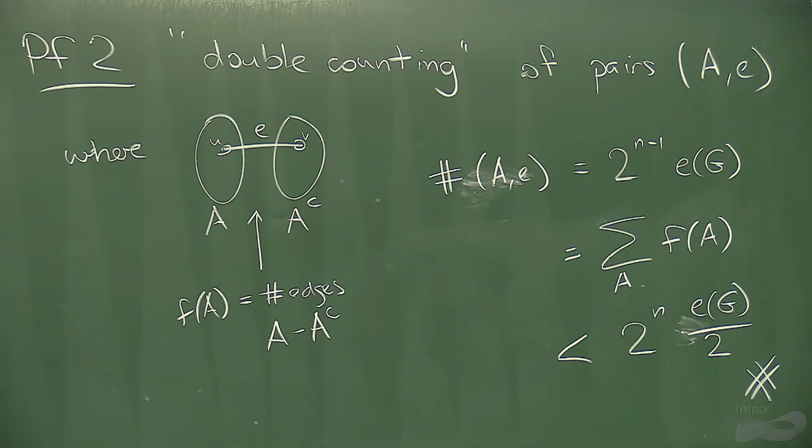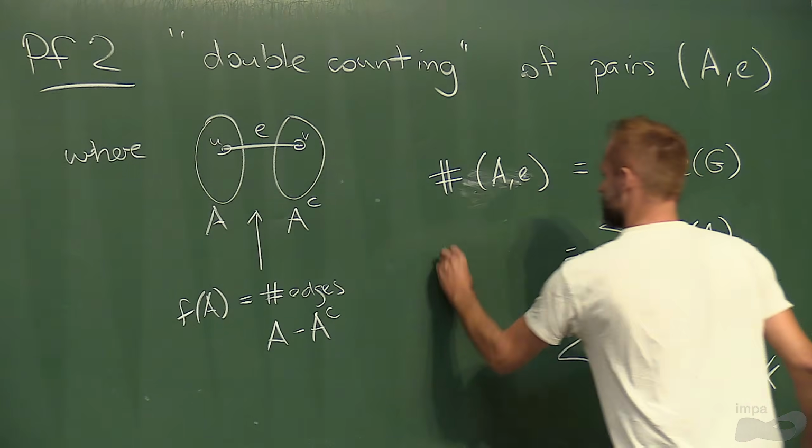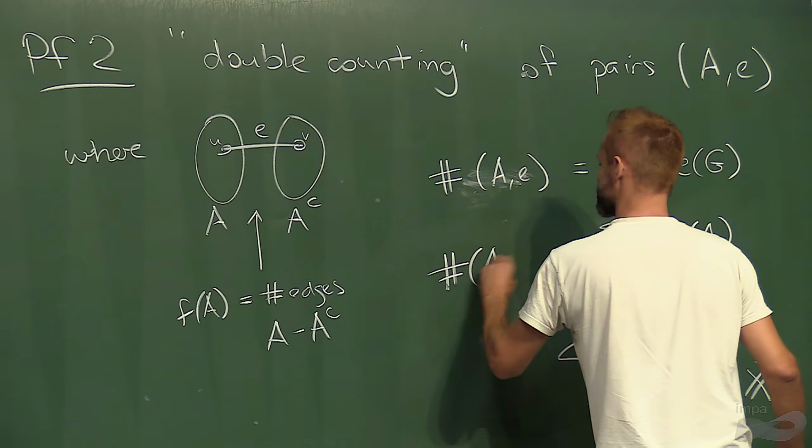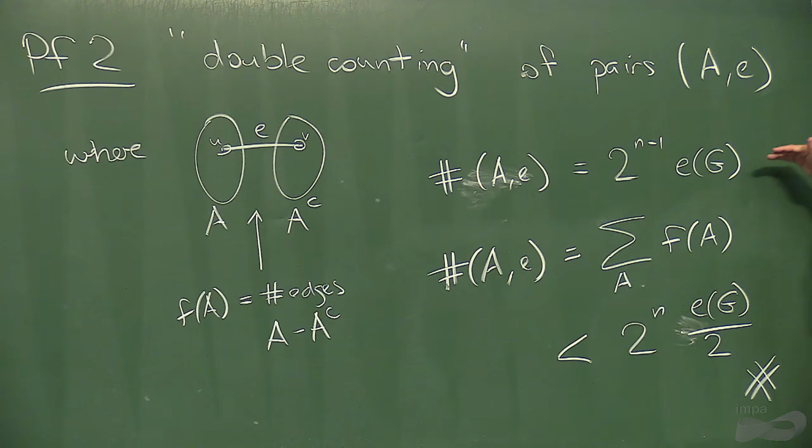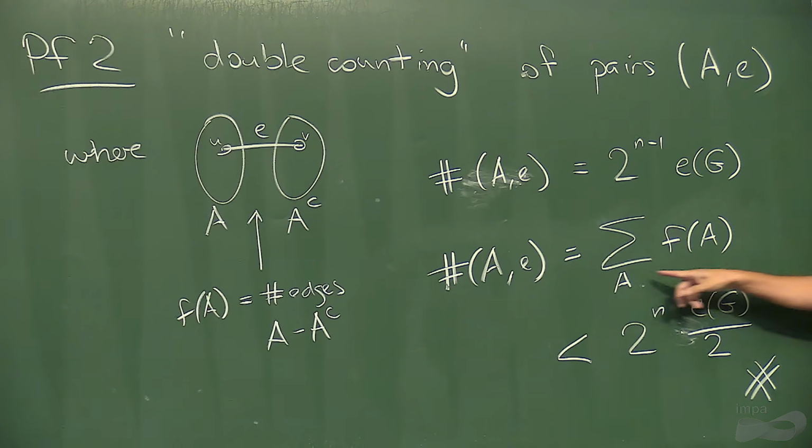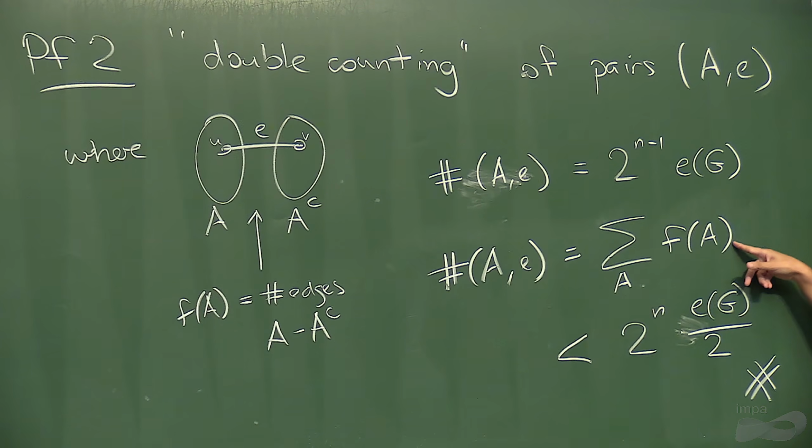Okay, let's absorb this proof. Make sure we understand what's going on. So we counted these pairs A, E in two ways. We counted each edge, we knew it's in exactly 2 to the n minus 1. And for each set, it's in some number. If that's smaller than E of G over 2, always, then we get a contradiction.